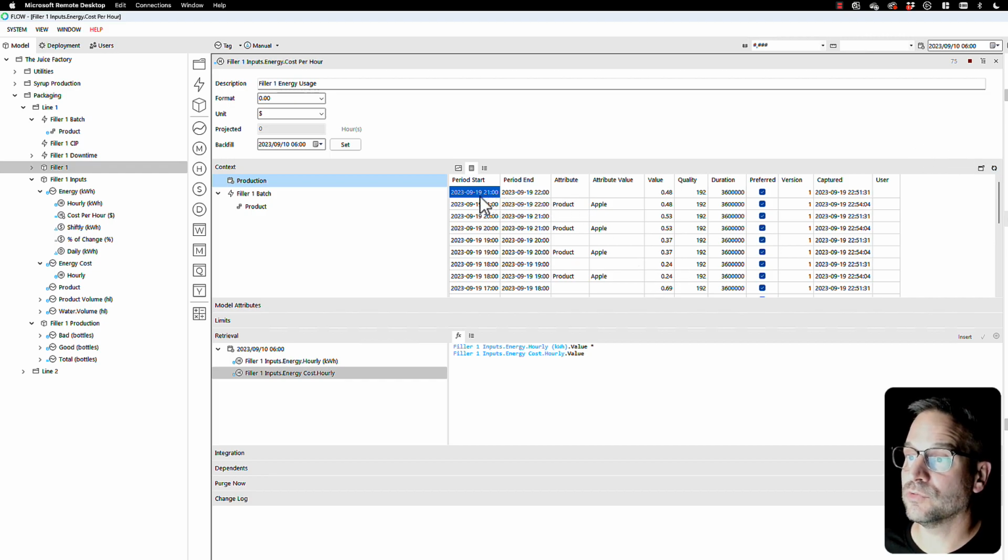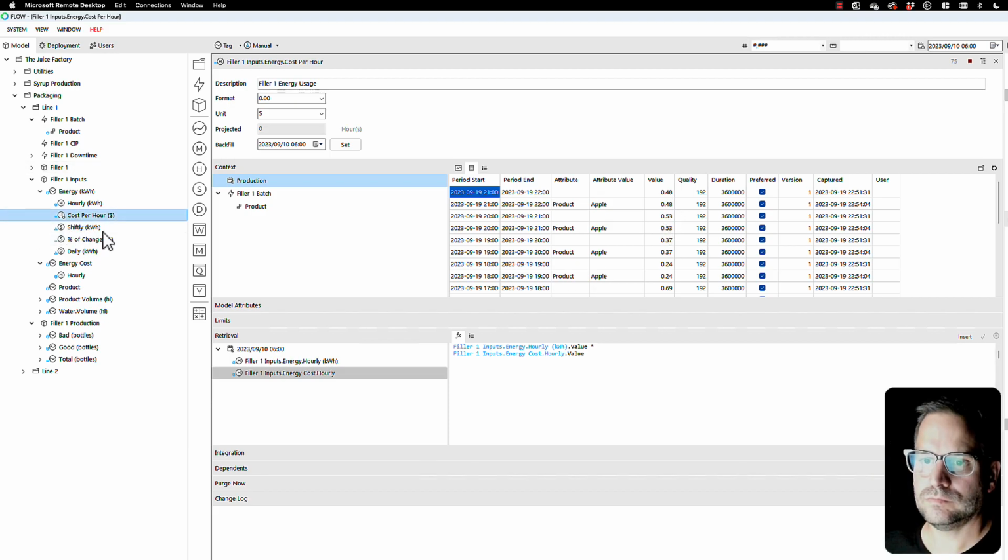So in the most recent hour, from hour 21 to hour 22, we made Apple the entire time. We had 48 cents worth of energy used. All 48 cents got attributed to Apple. All right, so now let's take this cost per hour measure, this hourly, and let's create a daily.